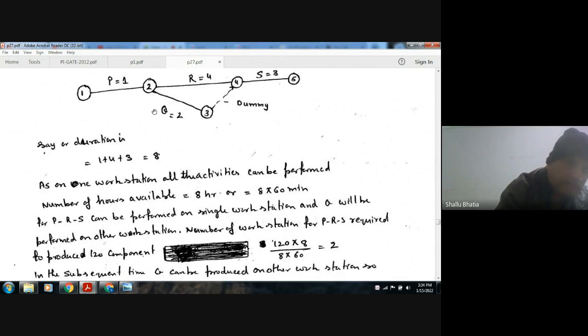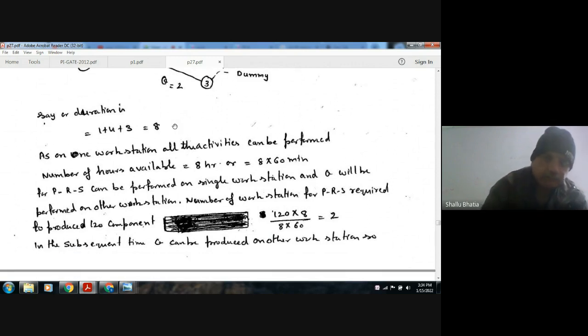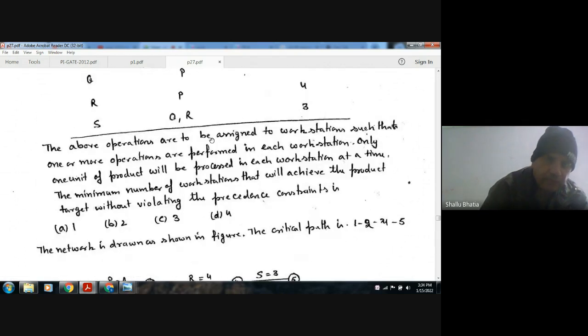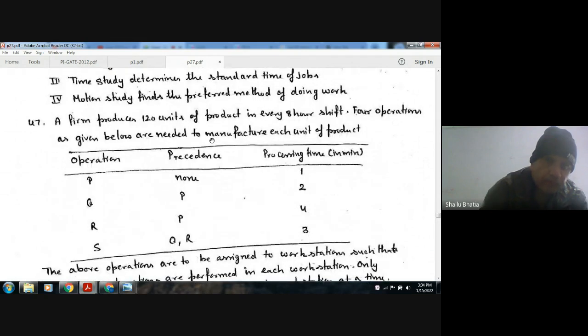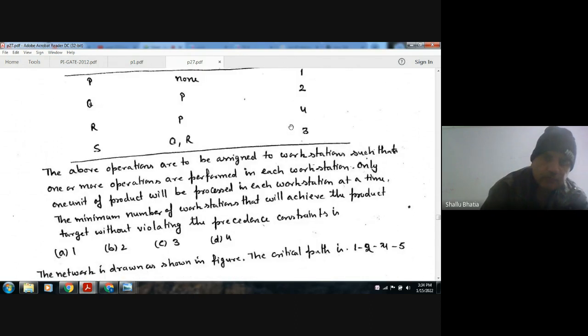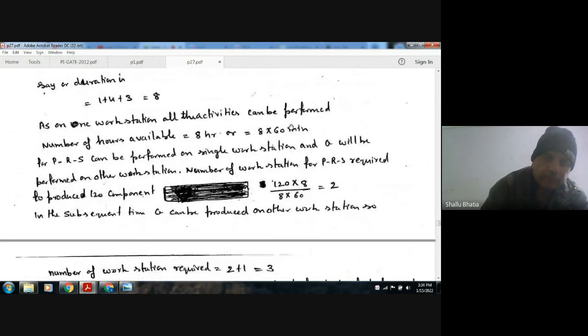In the same time, the Q part can be performed on another workstation. Okay, so as the time available is 120, as there are 120 units of product, and an 8 hour shift, so the time is 120 units in 8 hours.